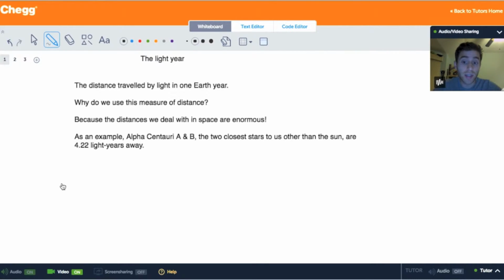As an example, beyond our solar system, the two closest stars to us other than the sun, Alpha Centauri A and B, are 4.22 light years away. So it takes light from those stars 4.22 years to get to us. When we see this light, we're actually seeing those stars 4.22 years ago, which is really cool to think about.